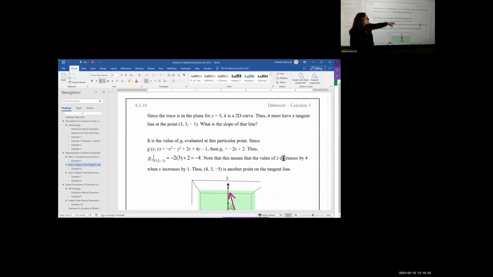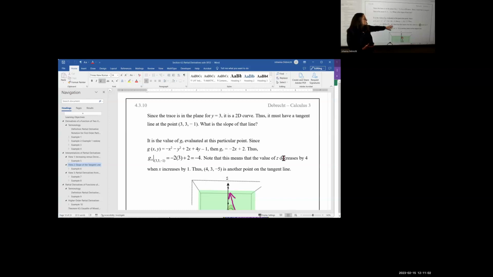So here's my function g again, -x² minus y² plus 2x plus 4y minus 1. The partial derivative with respect to x would be -2x, that -y² would zero out, plus 2, and the plus 4y minus 1 would also zero out. So I have -2x plus 2, and so the only variable I've got is x, and I chose x to be 3, so I'm going to plug in 3 and I get -4.